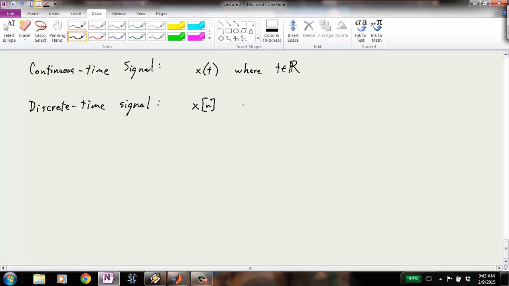Okay, so here, n is an integer. So in other words, a discrete time signal is a list of numbers, not a list that never ends, usually. Okay, we don't have to consider signals that go on forever in duration. We can consider a finite list of numbers, which you might call a vector. Consider that a discrete time signal as well.